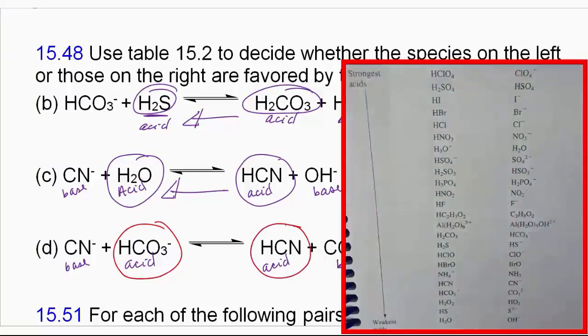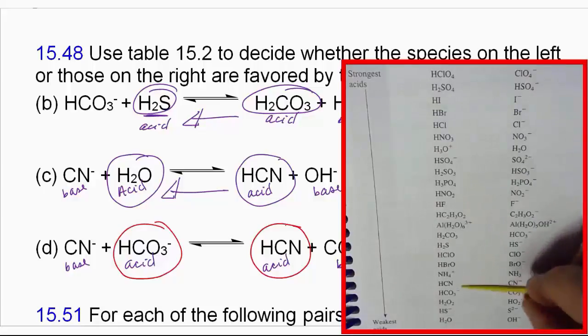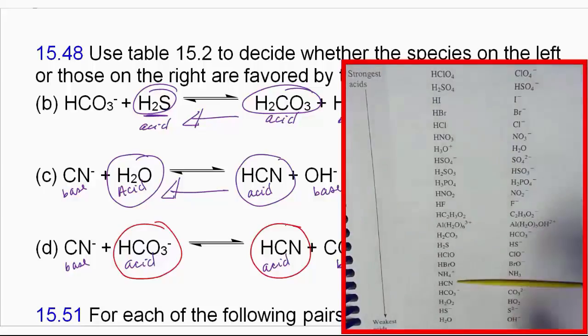See where they fall. We've got hydrogen cyanide and hydrogen carbonate. Oh, it's right below it. So the weaker acid is the hydrogen carbonate. So the arrow should go towards it.